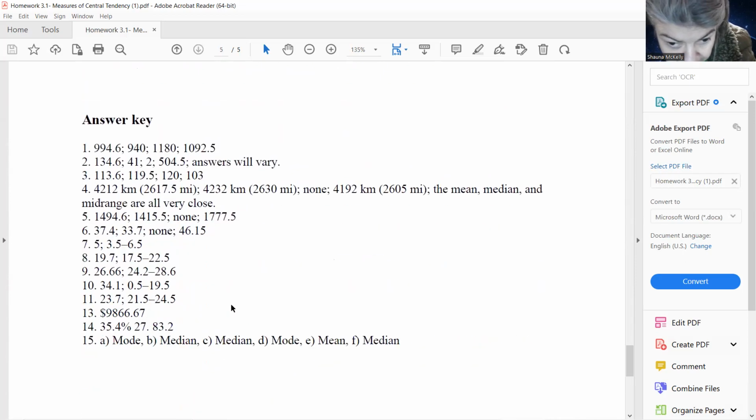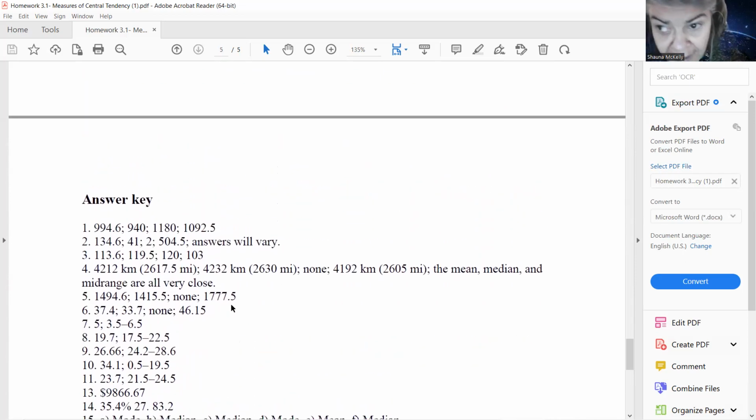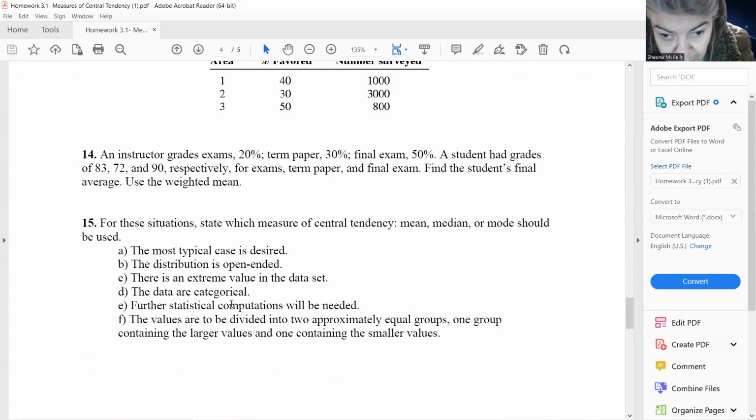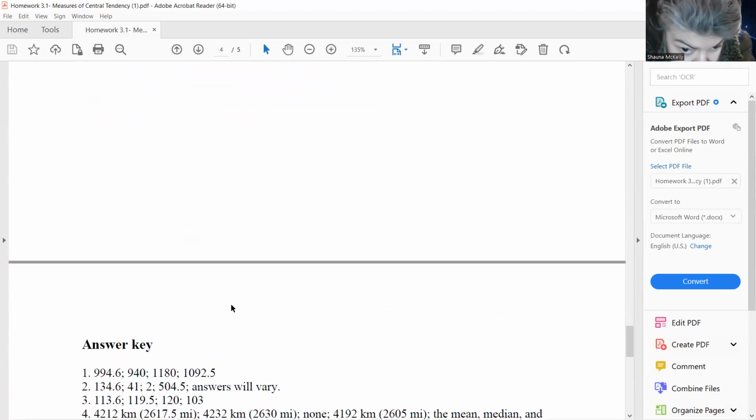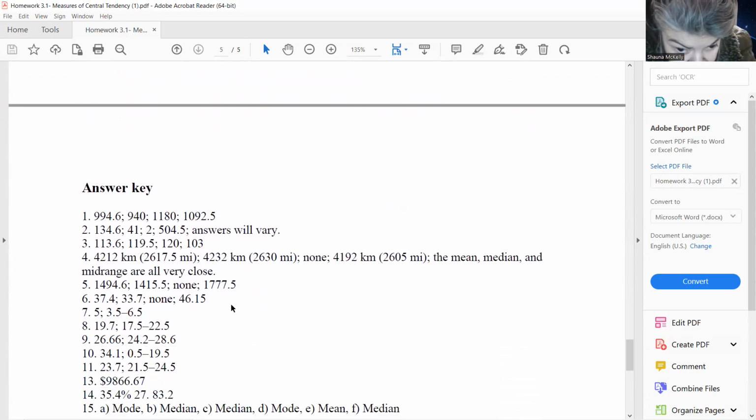If the distribution is open, you're going to need a median for that. Okay. If there's an extreme value in the data, again, there's another reason to grasp for the median, because the median will minimize the effects, the pulling effects of those large or small scores.